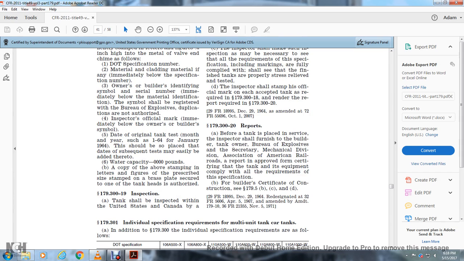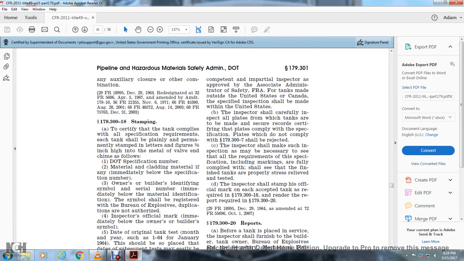179.319 Inspection. Tanks shall be inspected within the United States and Canada by competent impartial inspectors approved by the Federal Railroad Administration for tanks made outside of the United States or in Canada. The specified inspection shall be made within the United States. The inspector shall carefully inspect all plates in the tanks, and the record certifying the plates comply with the specification.